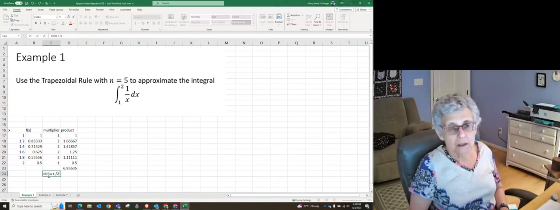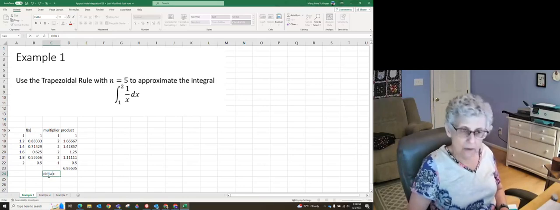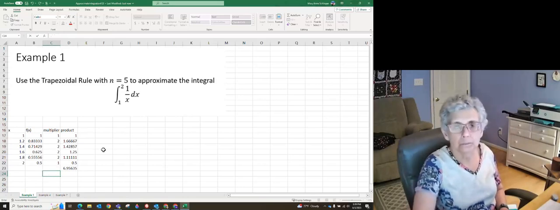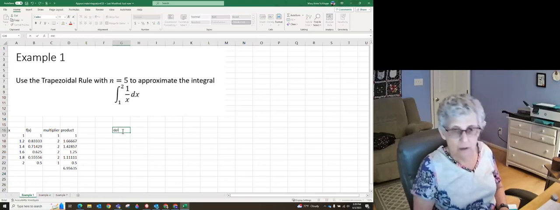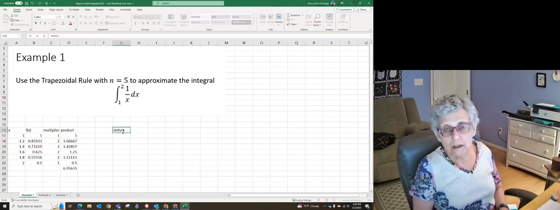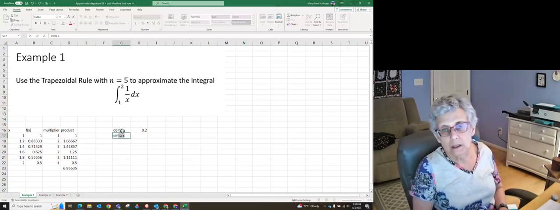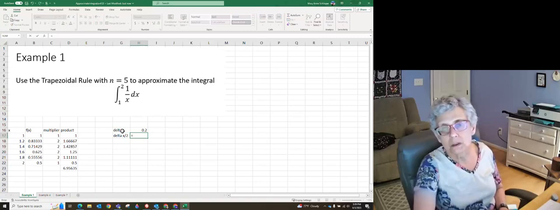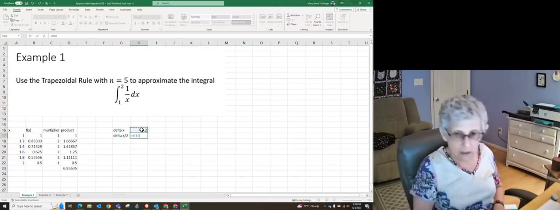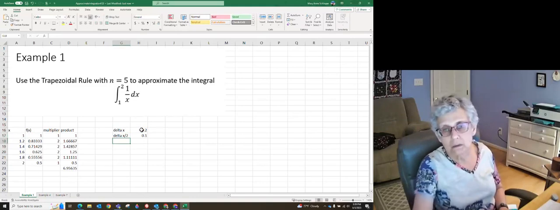And delta x over 2, let's not do that right there. Let's put it over here. Delta x was equal to, open up parentheses, 2 minus 1, divided by 5. And then delta x over 2 is equal to this thing divided by 2.